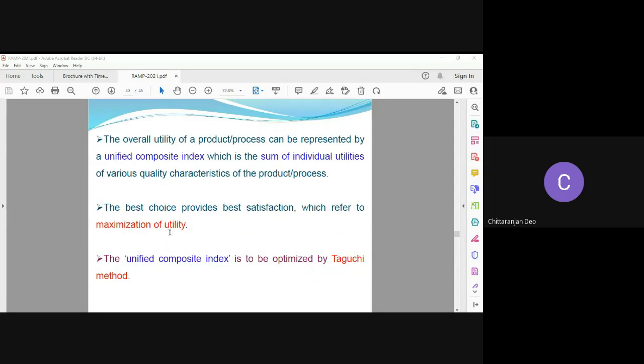The overall utility of a product can be represented by a unified composite index, which is the sum of the individual utility of various quality characteristics. The best choice provides the best satisfaction, which refers to maximization of the utility. The unified composite index is optimized by the Taguchi method.